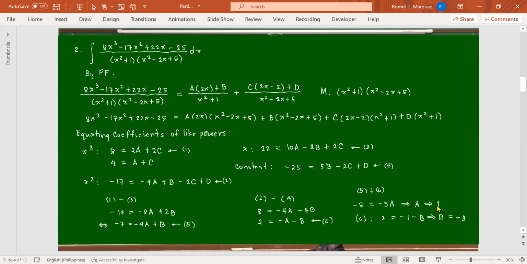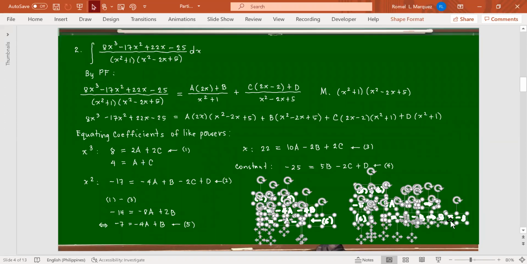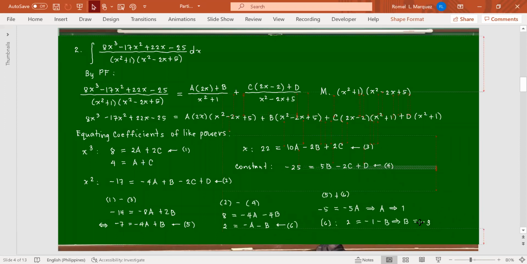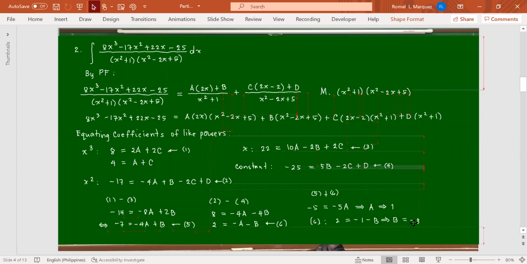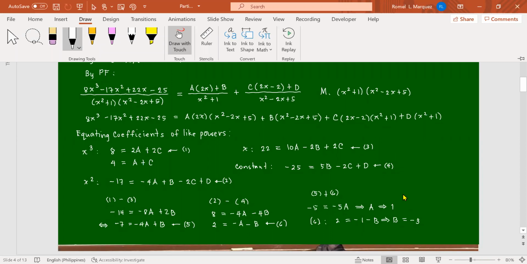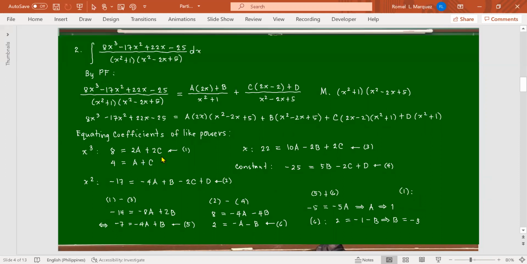Okay, so we still have c and d. To solve for c, we can use equation 1, the simplified one.